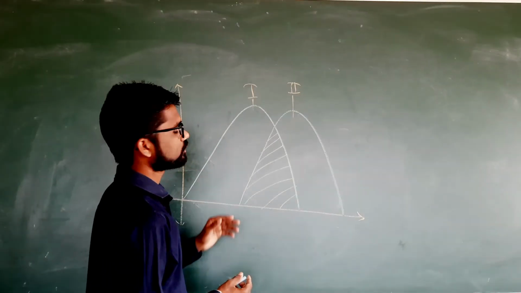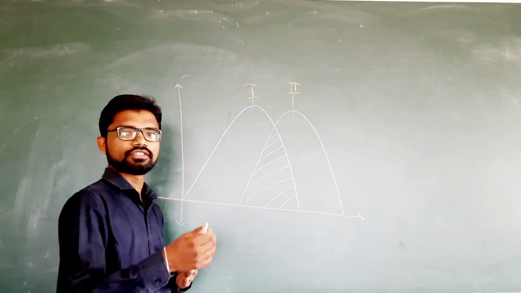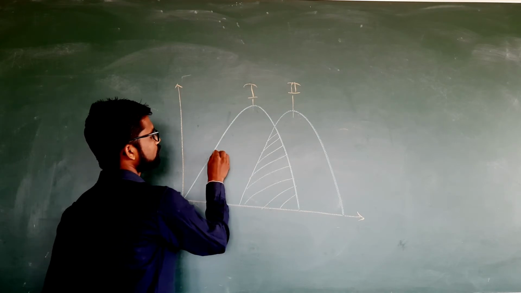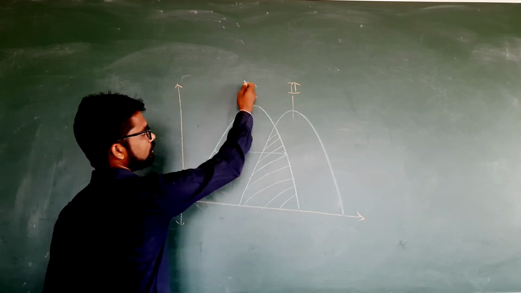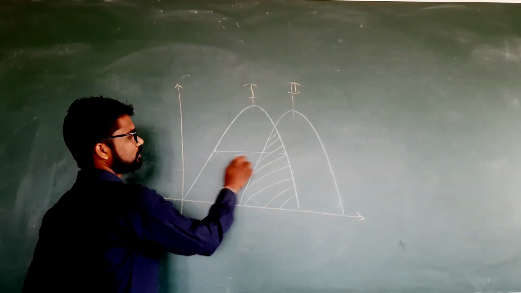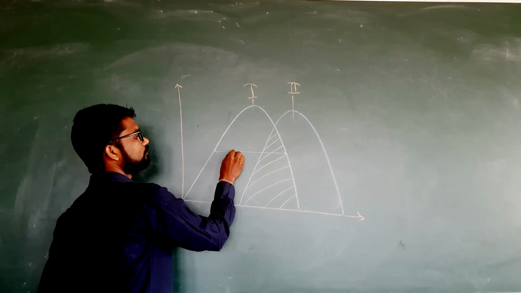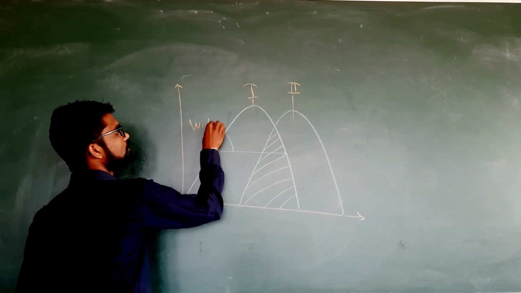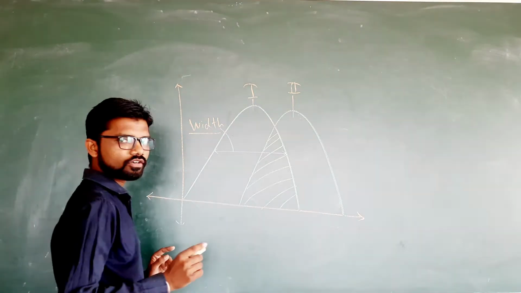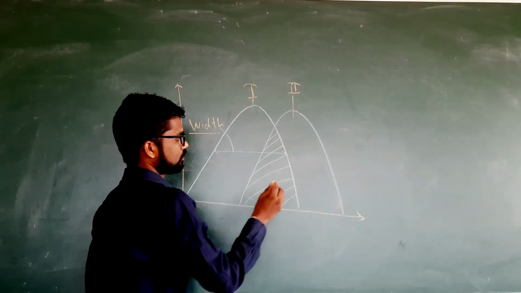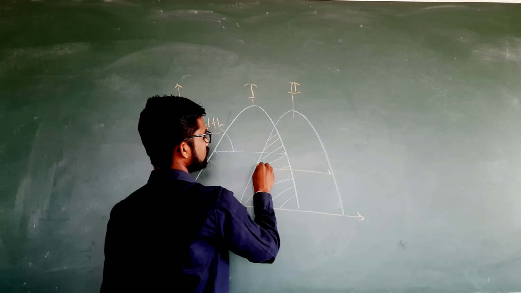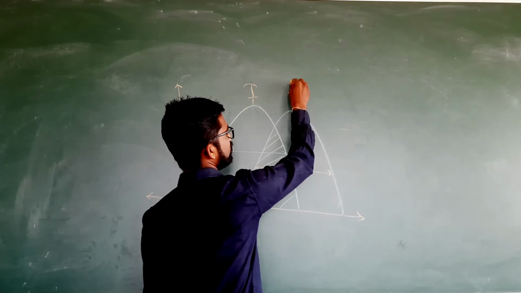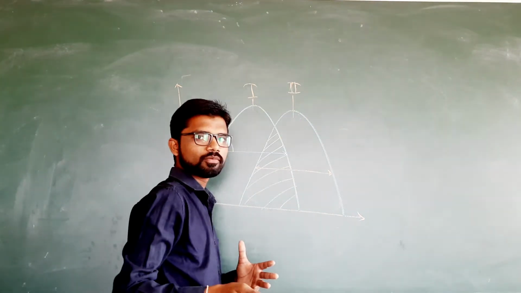So what is niche width? The distance, meaning the width of the living organism of the first type, is this, and this is the width of the living organism of the second animal or second animal community.